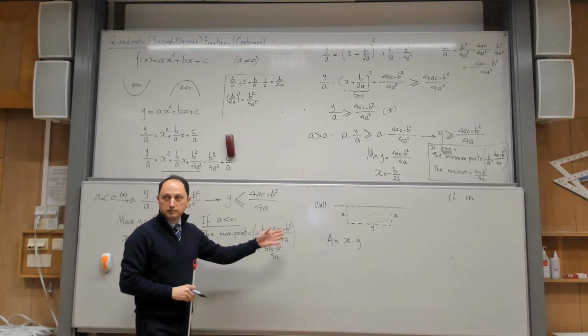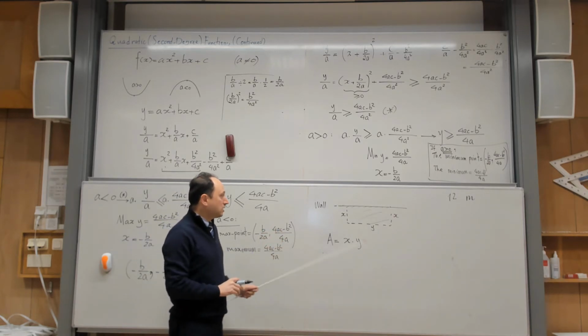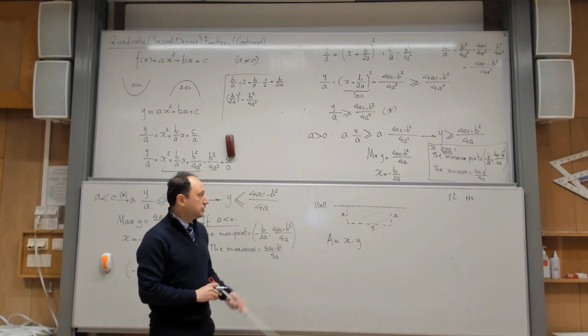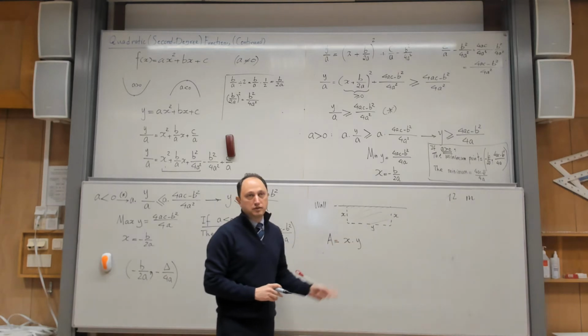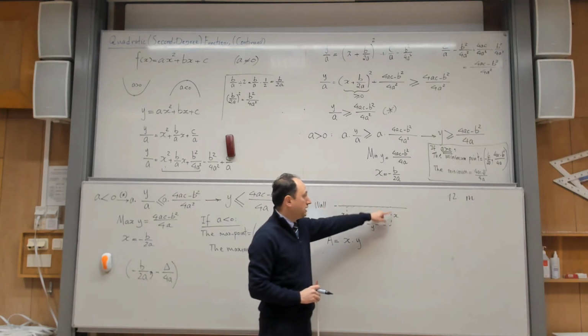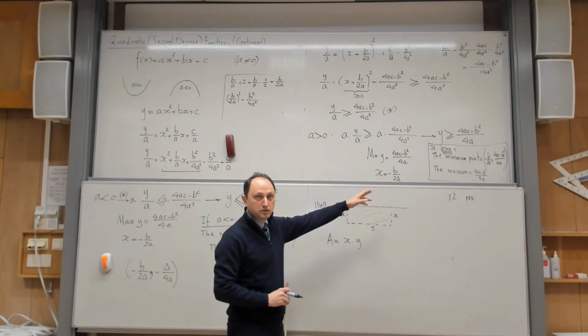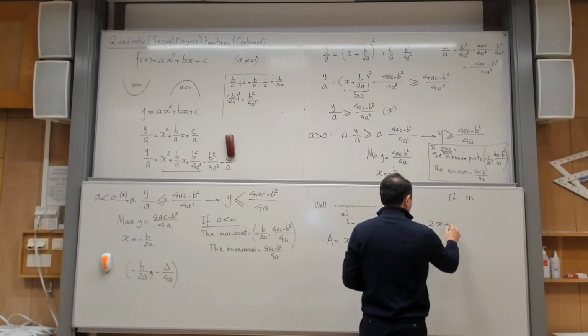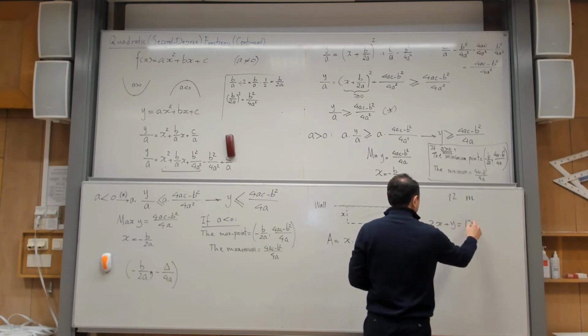Is that understandable? But I have some relation between x and y. x and y are not completely free, because I have only 12 meters of fence available. So the total length you see here should be 12 meters. This means that 2x plus y is 12 meters.